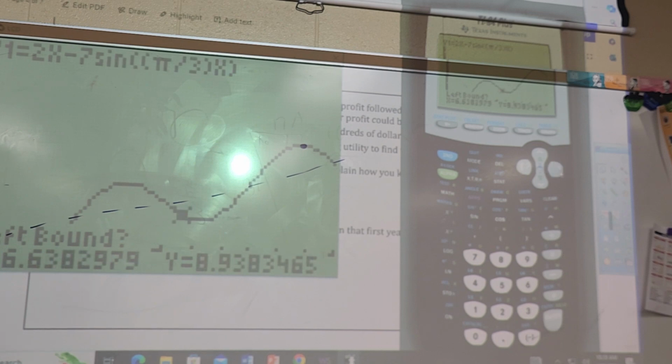Oh, it's lagging. Oh my gosh. There we go. So I go to the left of it, I hit enter, I go to the right of it, and hit enter. Any questions while I'm doing this? You guys remember doing this? This is a nice review of stuff we did in Unit 1 as well.